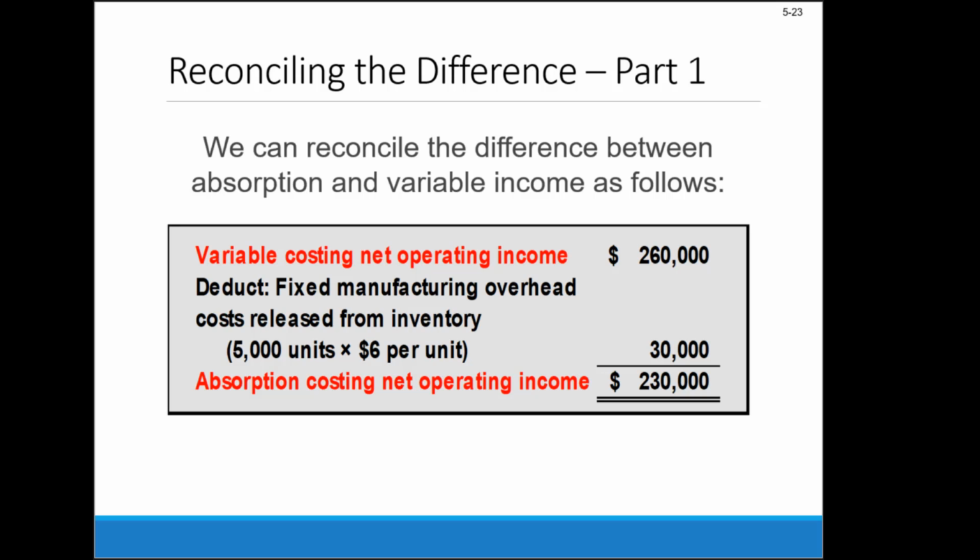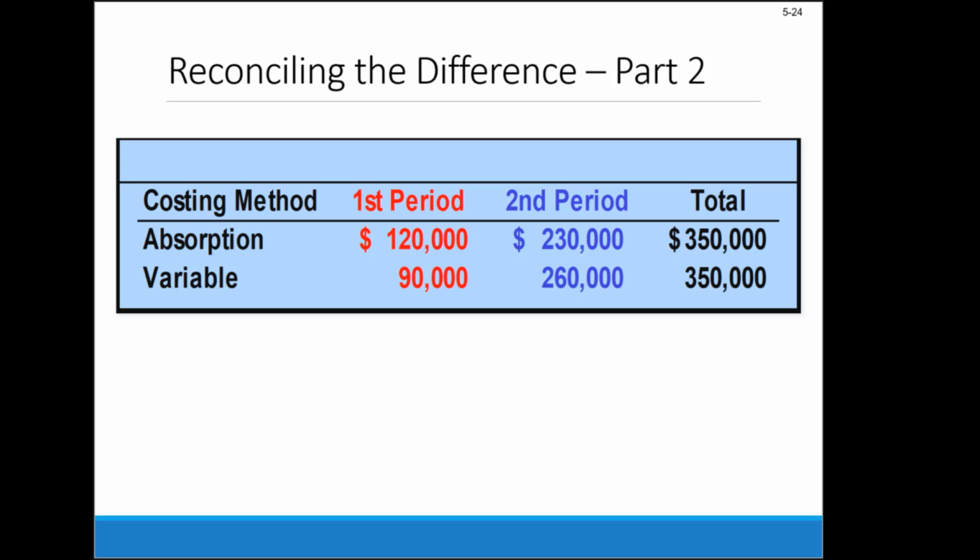So again, we can reconcile the difference here. If we start with our variable costing net income of $260,000, we'll deduct from that now the fixed overhead released from inventory under absorption costing, so the 5,000 units times $6, or $30,000 total, and that leaves us with our absorption costing net income of $230,000. It's important to note here that over this 2-year period, we end up with the same total income under both costing methods.